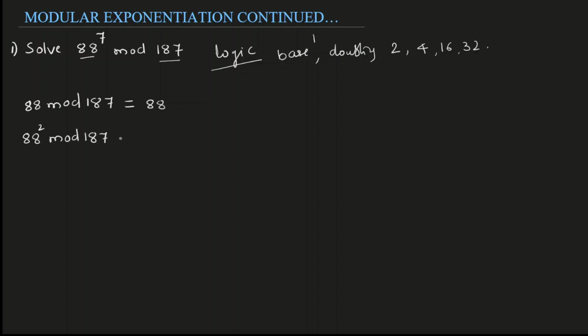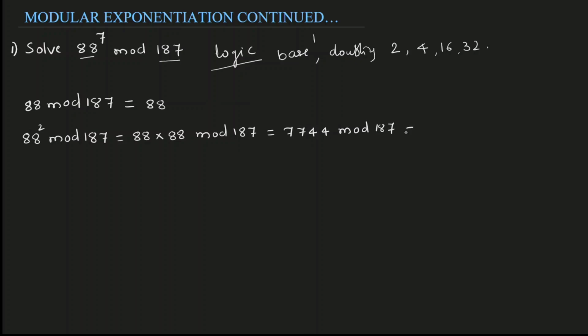Now, next is 88 square mod 187. So, 88 square mod 187 can be written as 88 into 88 mod 187. So, now, what will you get? 88 into 88, you will get it as 7744 mod 187.